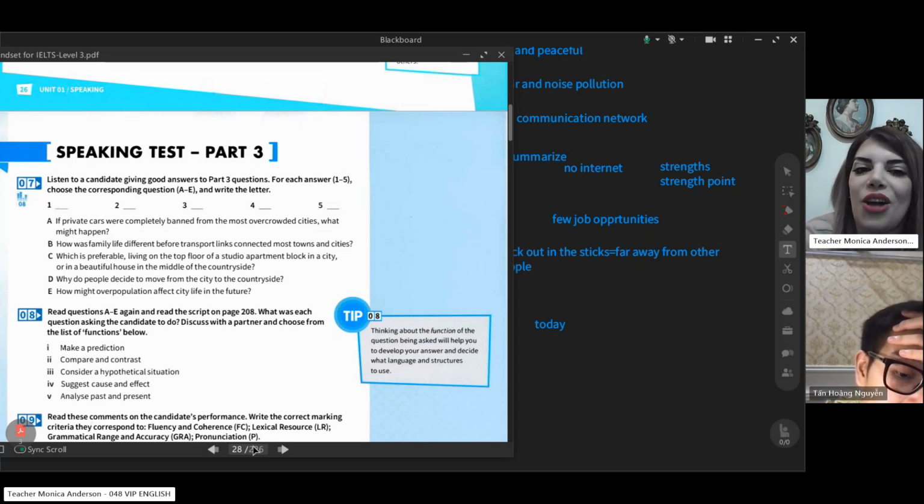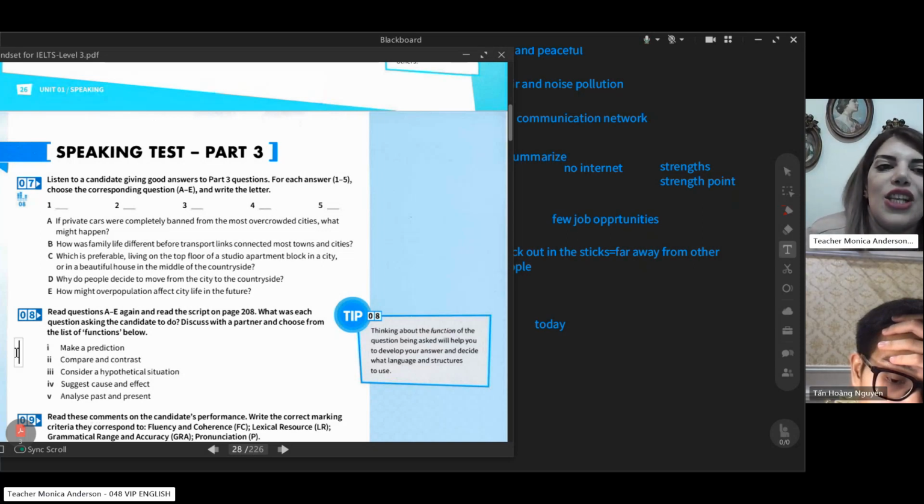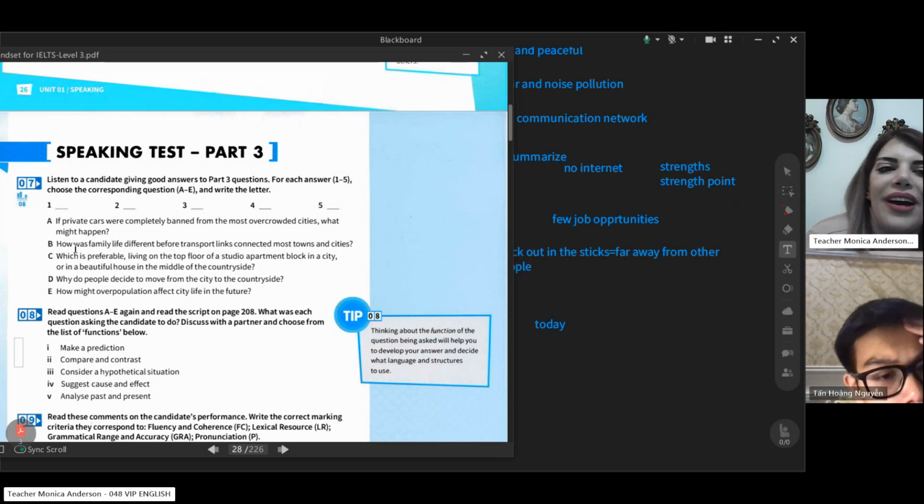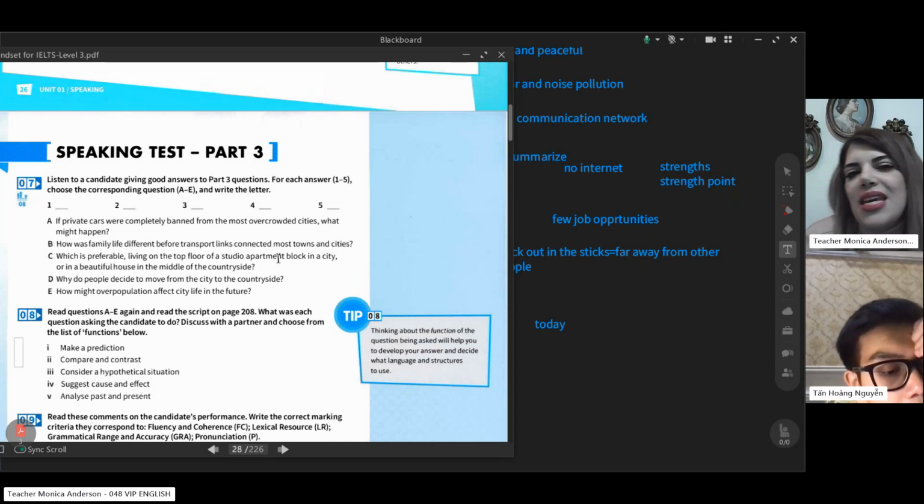In number 4, she said, I will definitely be on a top floor myself one day if I have enough money. And she talked about a huge old-fashioned house. And of course, bright lights of the big cities. So, as you can see, which is preferable? Living on the top floor or a studio apartment block in a city? So, C. And the last one, of course, B.